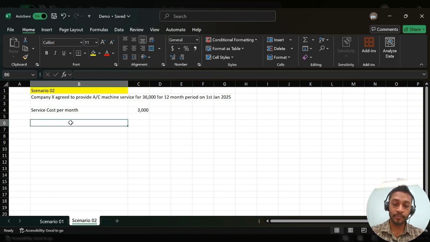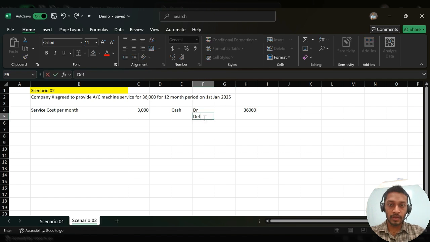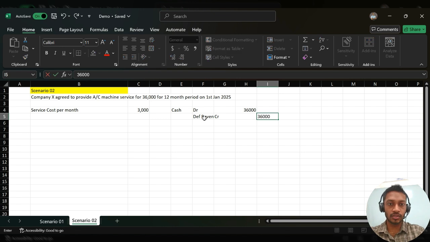So first of all, as per the previous example, you can identify the whole value. You are receiving cash, debit 36,000, and you identify that value in the deferred revenue account, credit 36,000.